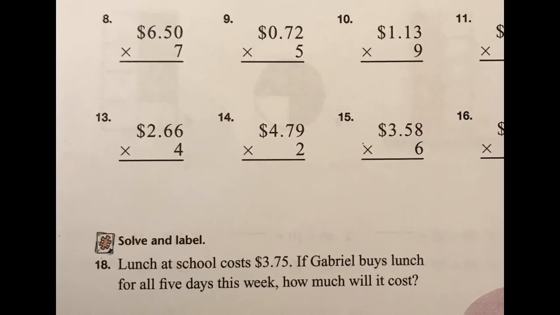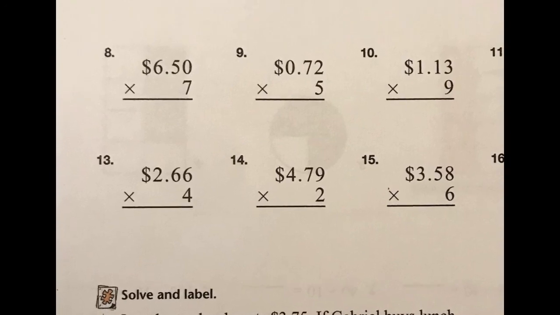Let's look at number 8 here just to practice and make sure you remember. All right, so let's do 7 times 0 is 0. 7 times 5 is, very good, 35. Put the 5, carry the 3. 7 times 6 is what?